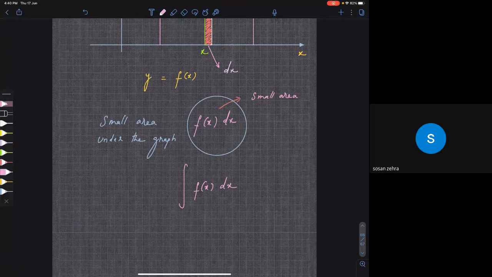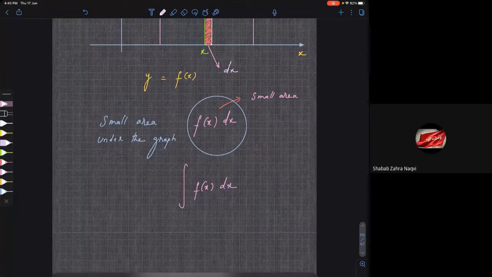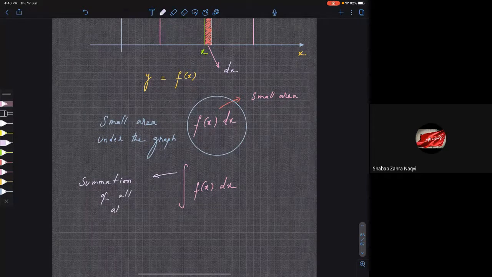It is looking like S. Yes, sir, this symbol represents summation. Summation of what? Summation of all areas.